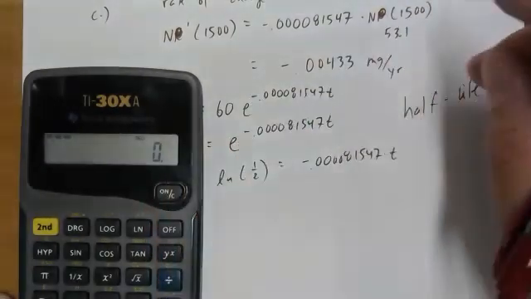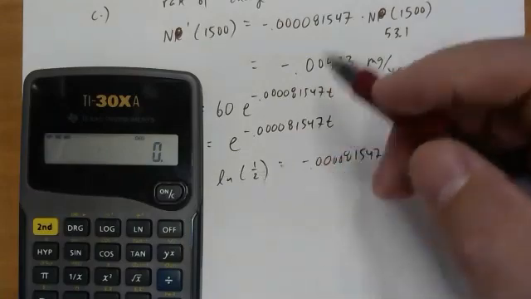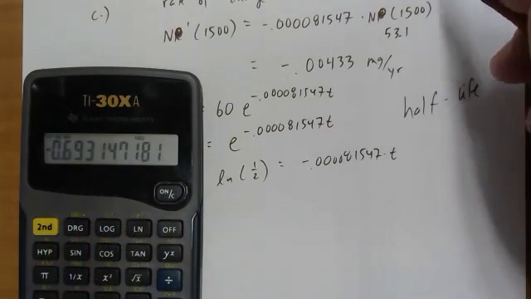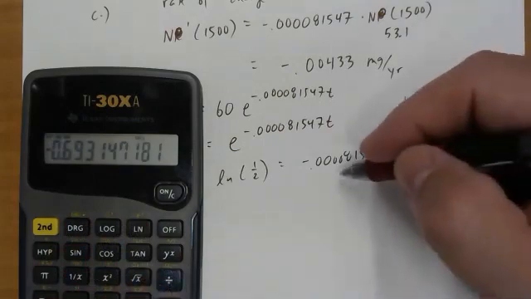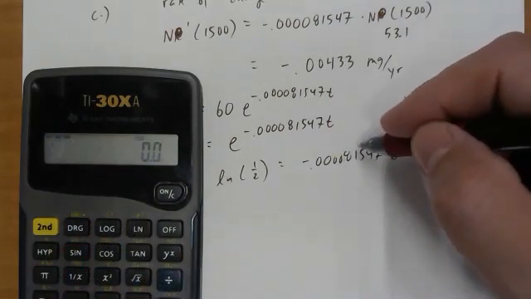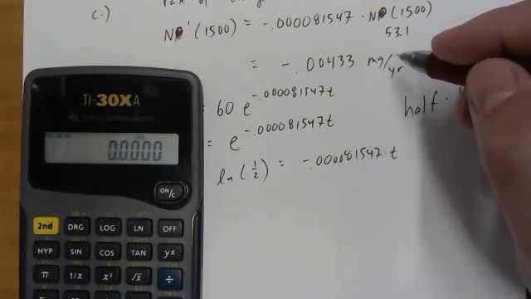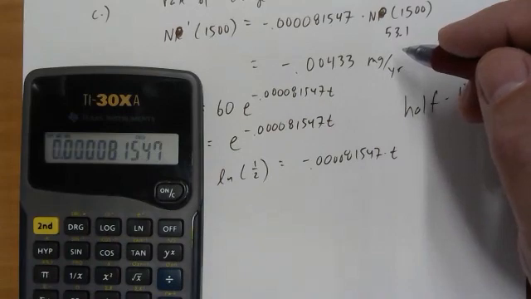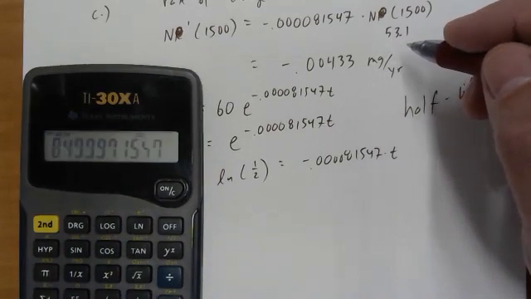So I'm going to take natural log of 1/2, which is 0.5, natural log divided by 0.00081547 equals.